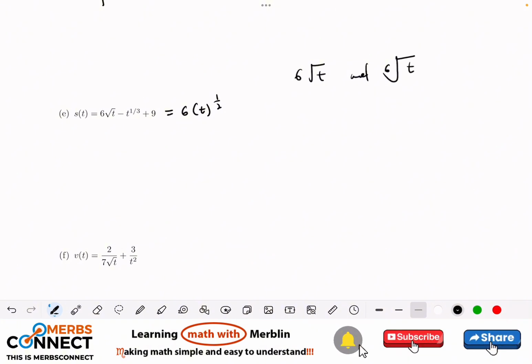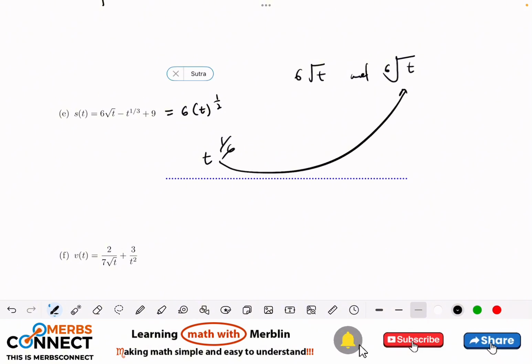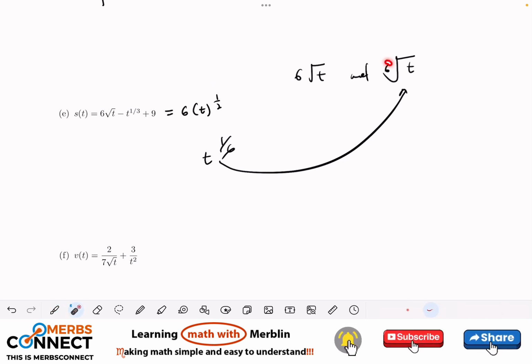Because some of you, instead of writing this, rather write it like t to the power 1/6, which is not true. The t to the power 1/6 is for this, because this is the sixth root of t. But if it was supposed to be 6 root, you see that the 6 will be up here. Good. So note the difference.